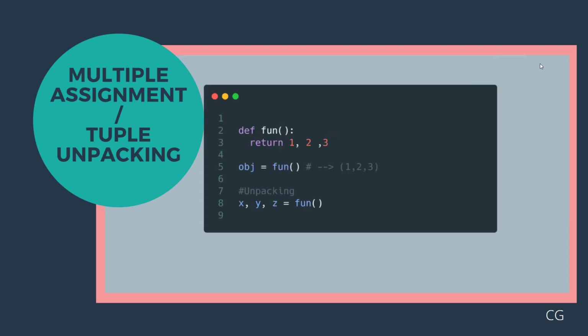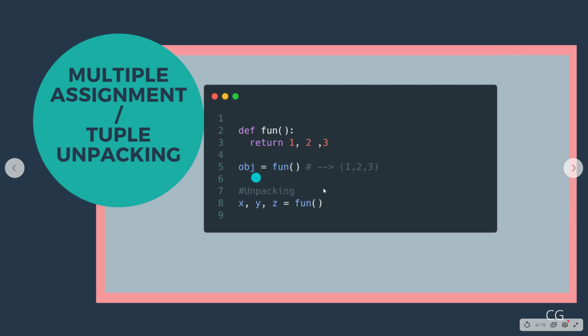But a very juicy consequence, which I find really useful, is the fact that the unpacking makes it possible to make a function return more than one value. Here we have defined a function with name fun, which returns 3 values, 1, 2 and 3, and we can assign the result of this function to a single variable, in this case object.